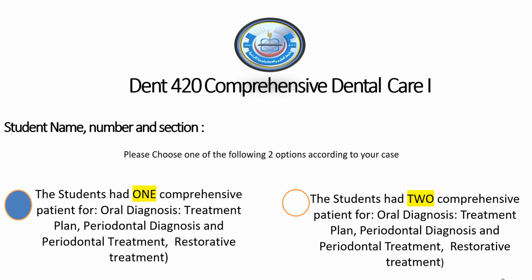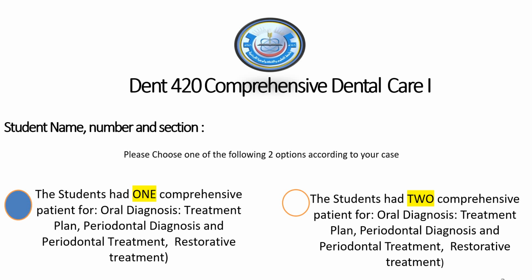Some students finished one conservative clinic for his comprehensive patient, but in the second clinic, the patient for some reason did not show up despite all the trials and reminders by the students. So one comprehensive patient means that the student finished treatment from oral diagnosis, treatment planning, perio-diagnosis, perio-treatment, conservative treatment or restorative treatment for 2 clinics, all of these for one patient.